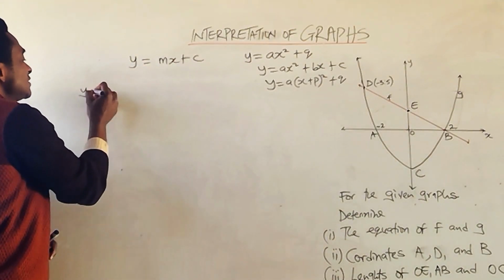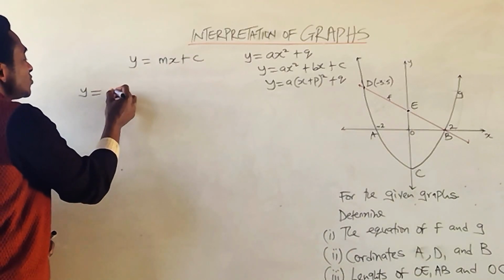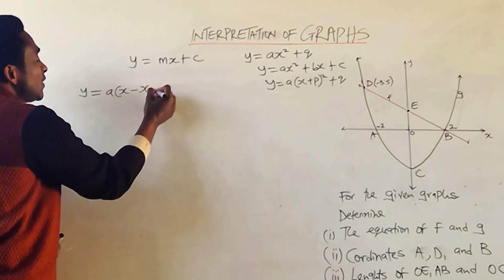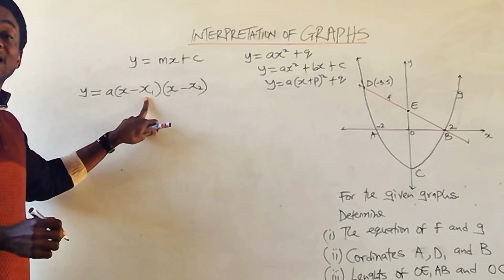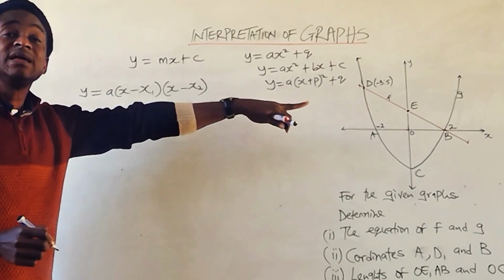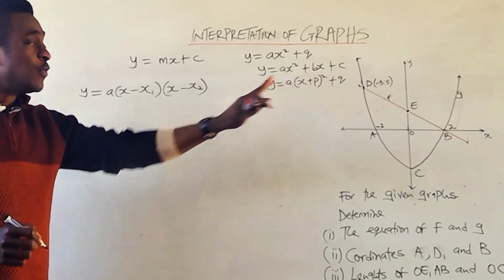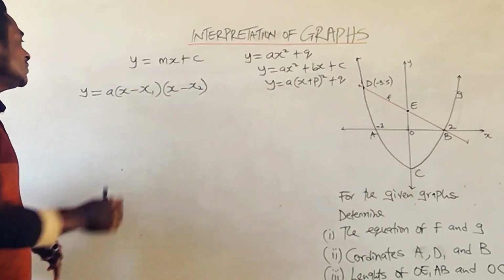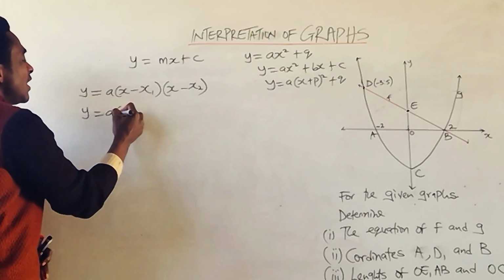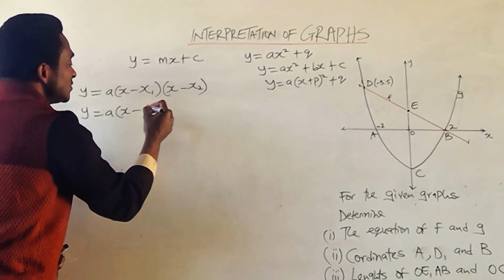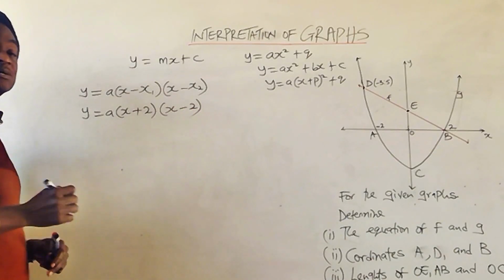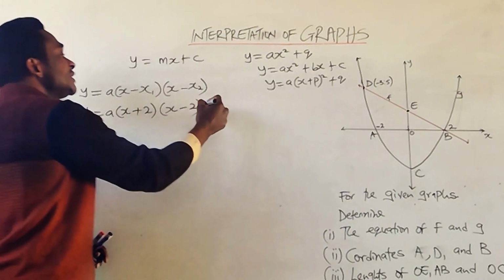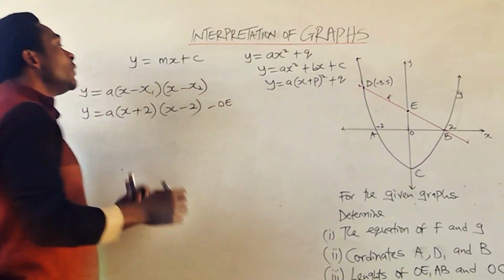The intercept method says this: y equals a into x minus x1 and x minus x2, where x1 and x2 represent the x-intercepts. So what we do is we sub in those values. So we have y equals x plus 2, that's the first one, and x minus 2 as the second one. Now we call this our original equation, the one we are going to work with.